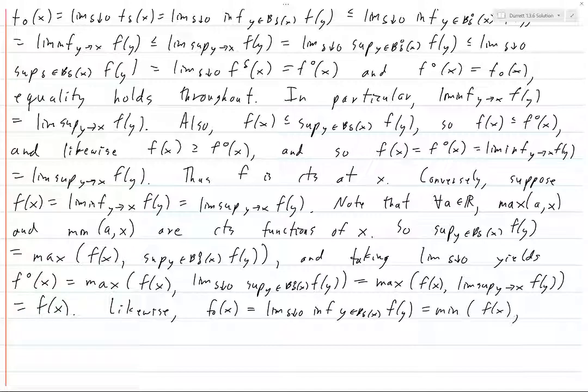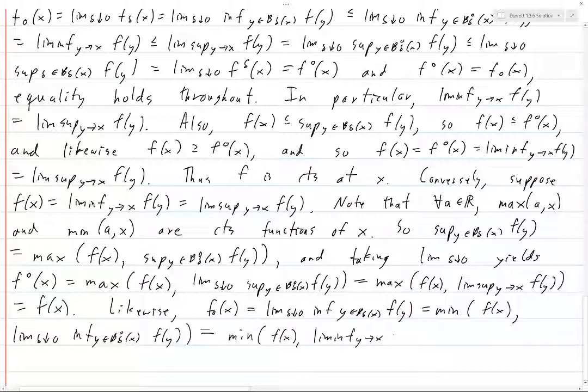Then we take the limit as delta decreases to 0 on both sides and bring it inside the minimum on the right-hand side. And we end up with the limit as delta decreases to 0 of the infimum over all y in this punctured ball of f of y. And so this is the minimum of f of x and the lim inf as y goes to x of f of y, which is f of x.